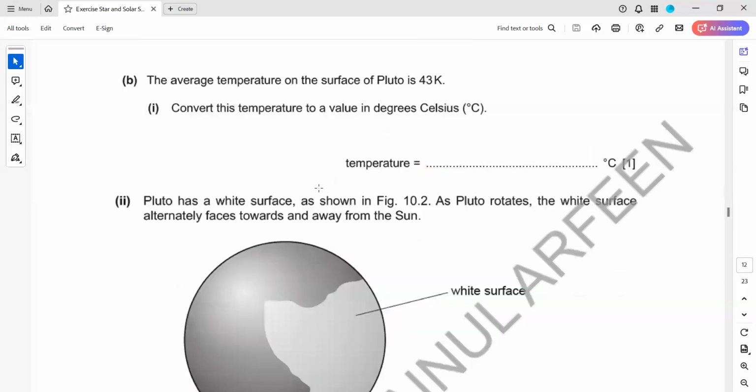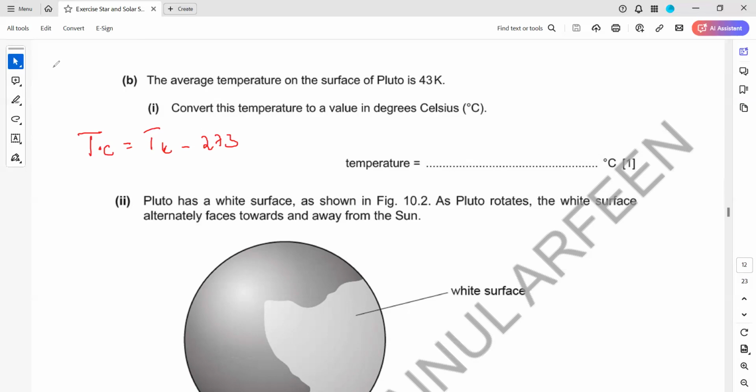The average temperature of the surface of Pluto is 43 Kelvin. Convert the temperature into Celsius. You have to learn this conversion: temperature in degrees centigrade equals temperature in Kelvin minus 273.